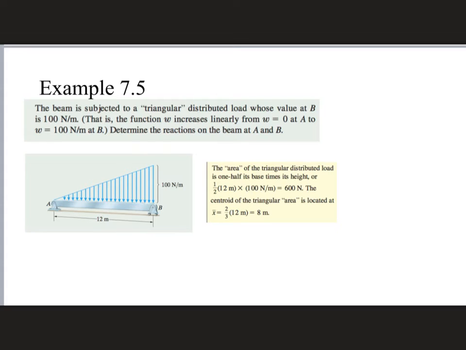And we actually did that in example 1 in your textbook, so you can look back at that, but we found that the centroid x position was at 2/3 the length of the base. And so that would be 2/3 times 12 meters, and that gives us 8 meters for the location where we could put this 600 newton force and have the same equivalent moment at point A as this entire distributed load.